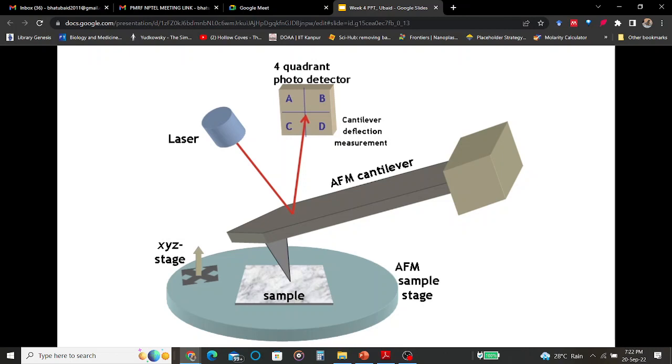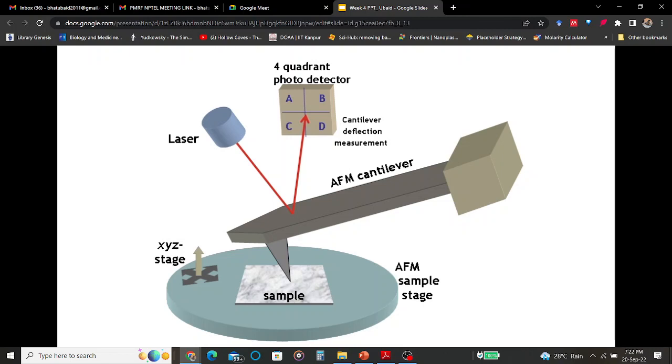So it measures the force between the sample and the probe. It studies different properties of the surface like morphology, Young's modulus, how stiff the surface is.